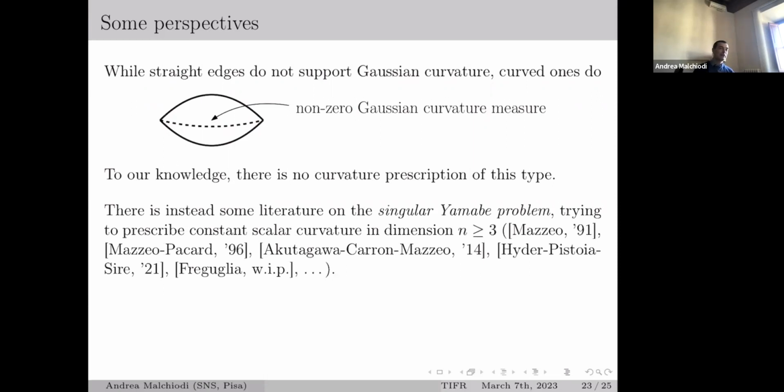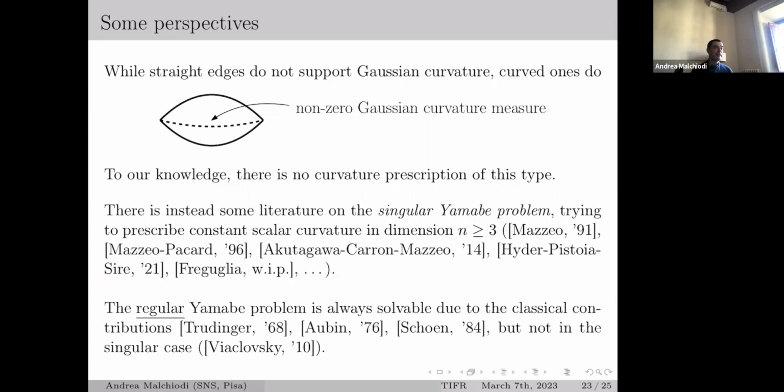Going to higher dimensions, I mentioned the Q curvature problem, but there is yet another variant, which is that of the singular Yamabe problem. So now you want to prescribe a constant scalar curvature on a manifold of dimension greater or equal to 3, and you can imagine the presence of some singularities, and there is in fact some work in this direction.